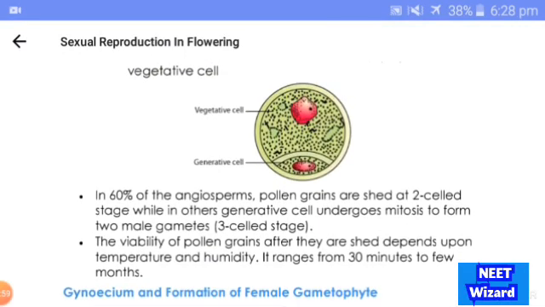In 60% of angiosperms, pollen grains are shed at the two-celled stage, while in others the generative cell undergoes mitosis to form two male gametes, the three-celled stage. The viability of pollen grains after they are shed depends upon temperature and humidity. It ranges from 30 minutes to a few months.